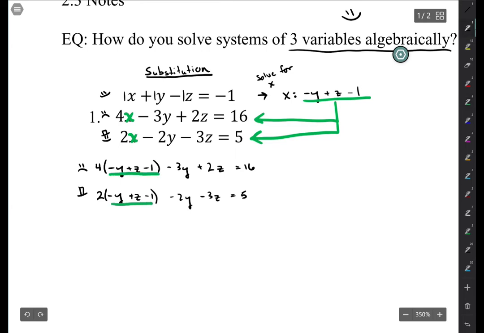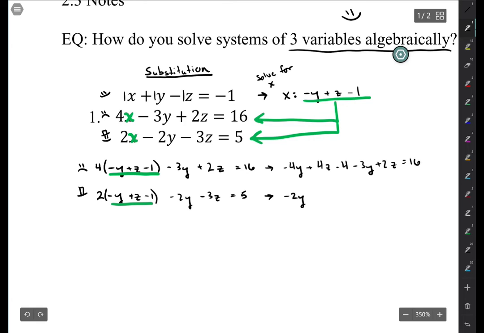From there, we just have some simplifying and distributing to do. So we are going to just simplify frowny face, negative 4y plus 4z minus 4, and then minus 3y and plus 2z equals 16. I know it's a little workout for your arm, or your hand, but that's okay.